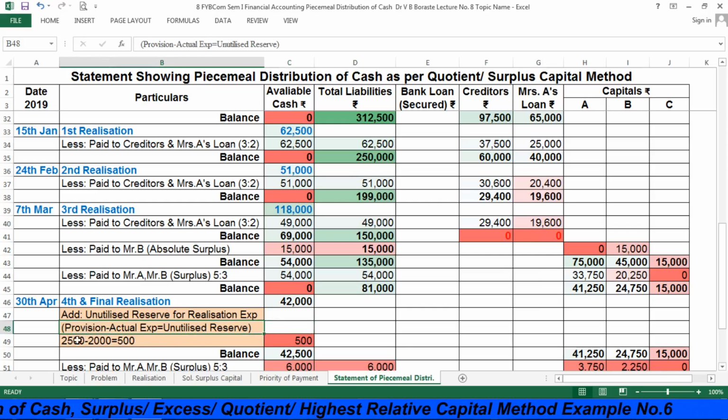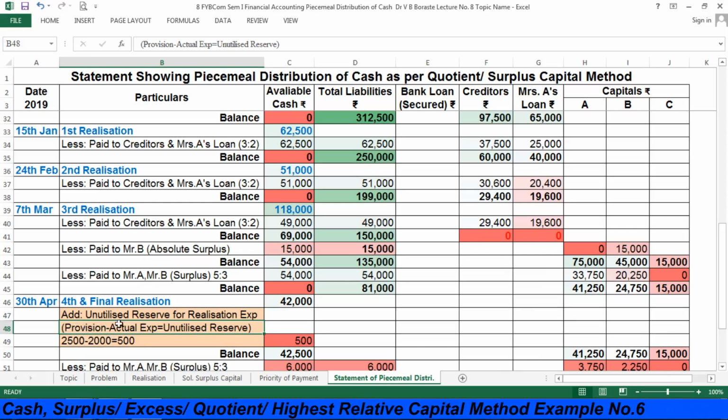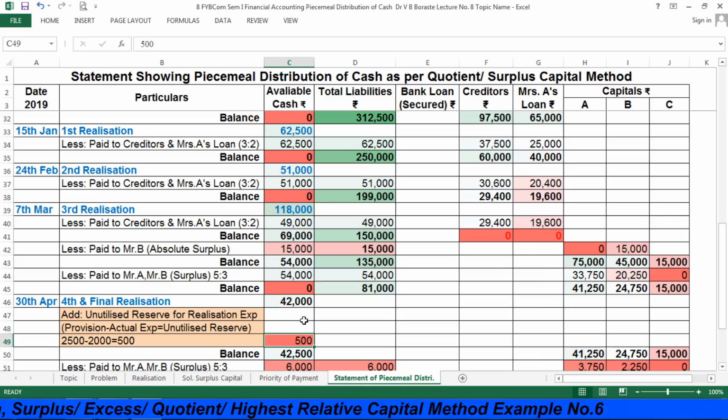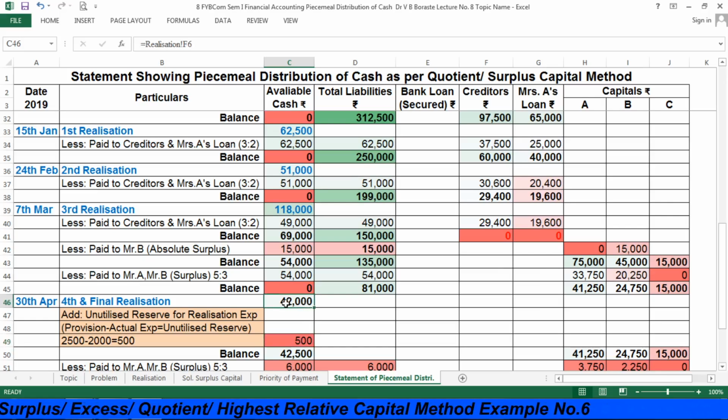Provision was made for 2,500. Actual expenses was 2,000, and we have unused reserve, that is rupees 500. So 500 has to be added in the available cash. So 42,000 plus 500 equal to 42,500. We have now an amount of rupees 42,500.